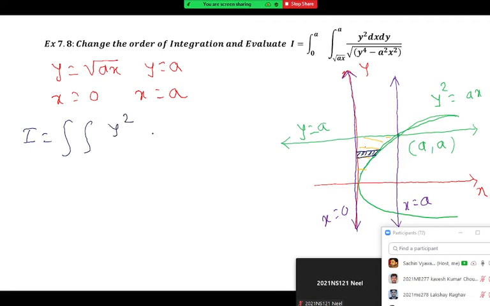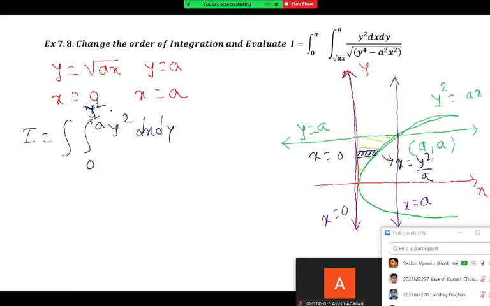Now about the upper limit: y square upon a, from x equal to ax. So x equal to 0 to x equal to y square upon a. Next, what about the minimum and maximum value of y over the region? 0 to a. So this is the change of order, and now only the evaluation part is left.